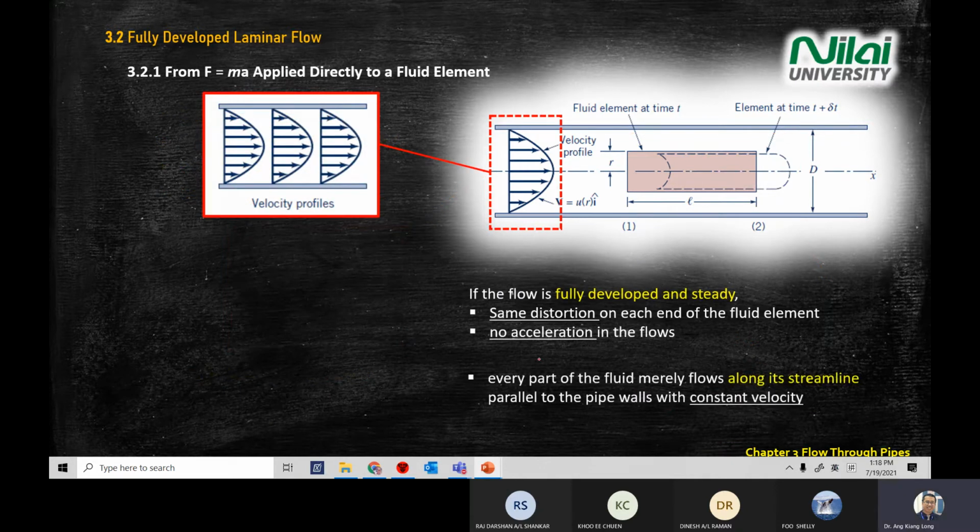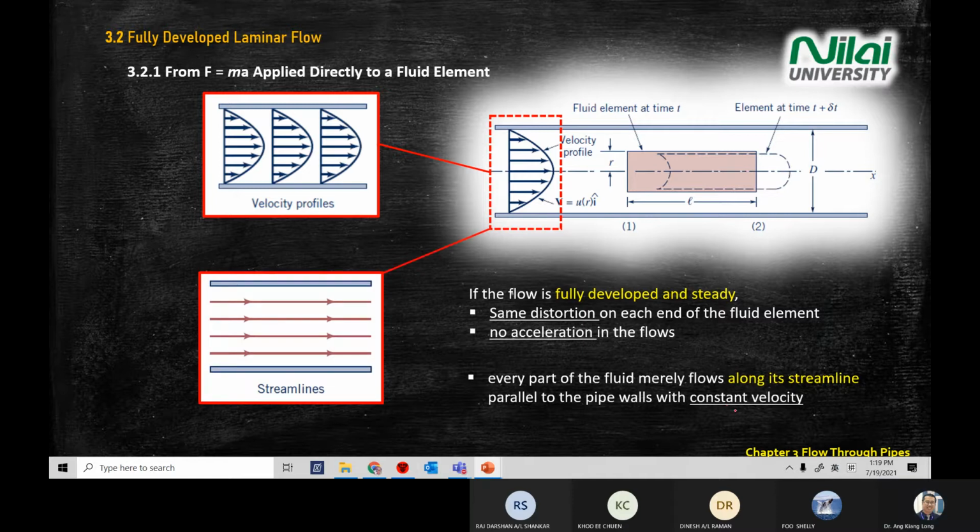So this point we already covered. The third one I also mentioned: constant velocity inside the pipe. If you draw streamlines, in chapter 1 we talked about streamlines already. What is meant by steady and fully developed is that if you draw the streamlines, you have straight lines inside the pipe.